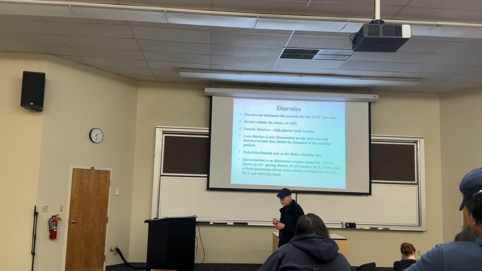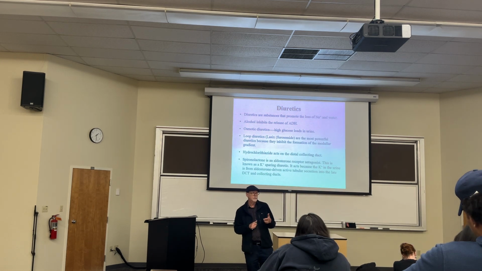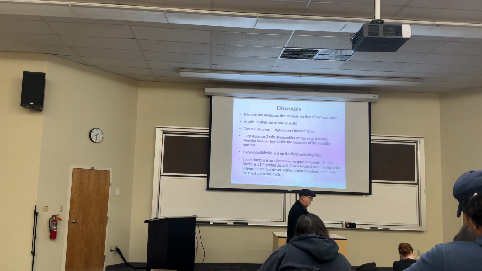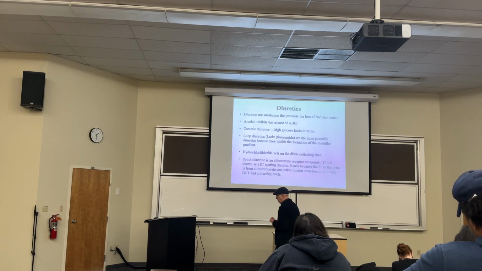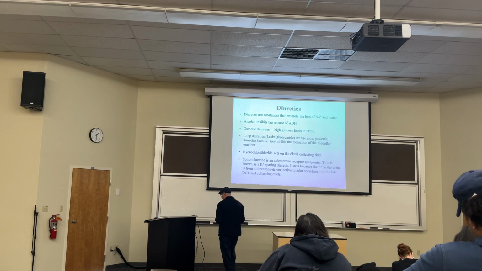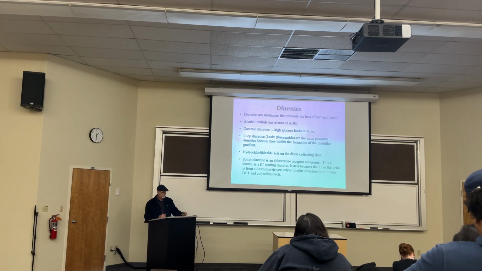So alcohol is a fairly mild diuretic. Caffeine is even a more mild diuretic. It's a very mild diuretic, but it does make you pee a little bit more, but not a huge amount. So those are some things in our food or drink in this case, that are natural diuretics.